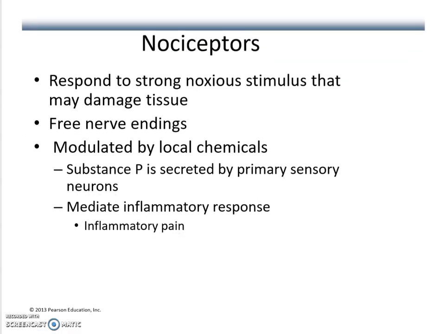Nociceptors, those are pain receptors. They respond to strong, noxious stimuli that could be damaging to your body. They're also free nerve endings, and they're really an alarm system. They're alerting you to painful stimuli that could be damaging. They could be modulated by a chemical, substance P, that's a strong painkiller that could be sent out to stop the perception of strong pain.